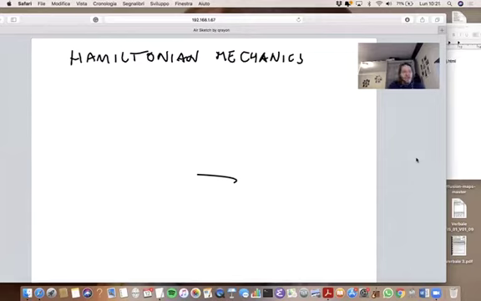And in contemporary theoretical physics, the Hamiltonian is still the starting point of physical theory, while Newton's equations have disappeared, right? They don't hold anymore.